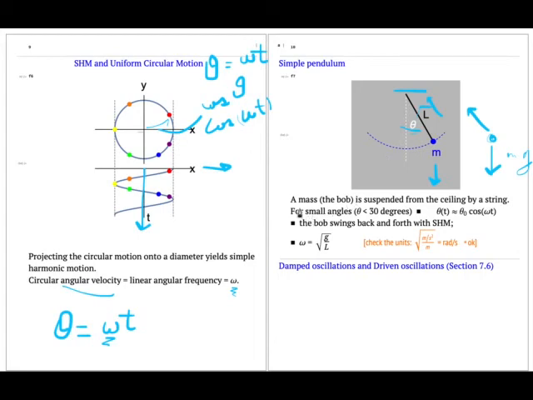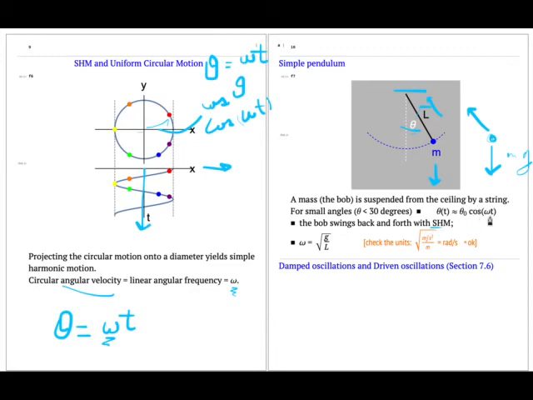For small angles, let's say less than about 30 degrees, theta undergoes simple harmonic motion. Theta will be some amplitude, theta 0, cosine omega t. The bob swings back and forth on the circle, and the angle undergoes simple harmonic motion.